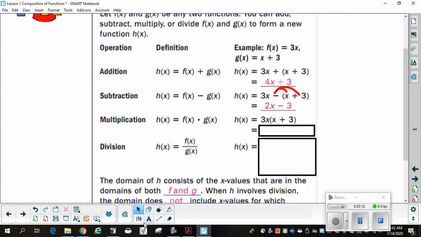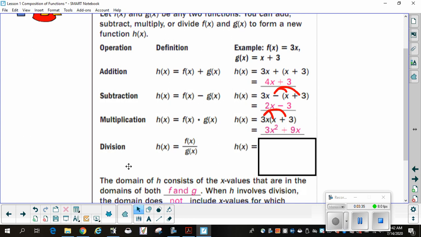Multiplication, again, don't forget that you have to distribute the 3x to the x and the 3x to the 3. Probably the biggest mistake when anybody's subtracting or multiplying is the failure to distribute. Distribute the negative in subtraction and distribute everything from the first function to everything in the second function.